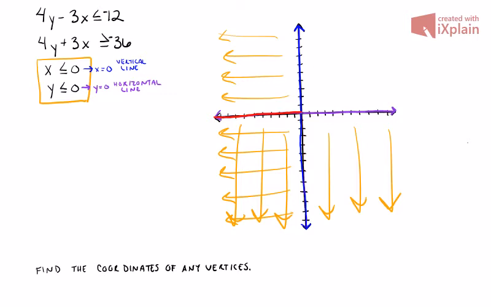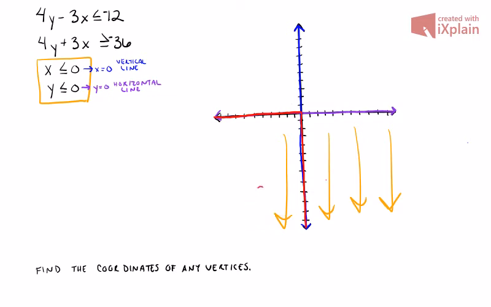So I'm going to go ahead and put that red line back in so that we have that boundary. And I'm going to go ahead and clear out all these arrows so that we have a clear working space. But just know that my solution, where all my shading is going to happen, it's going to collect in the third quadrant.